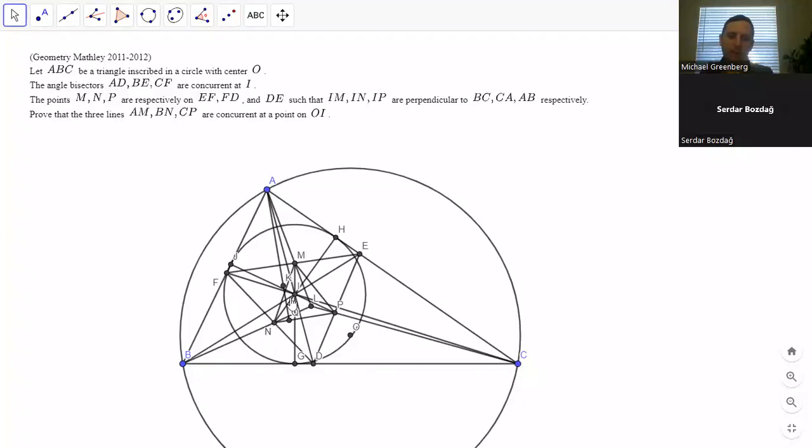So what's the theorem about the X center and EF? I forgot what the theorem is. The line connecting O and the X center is perpendicular to EF. Okay, that's the theorem. All right.